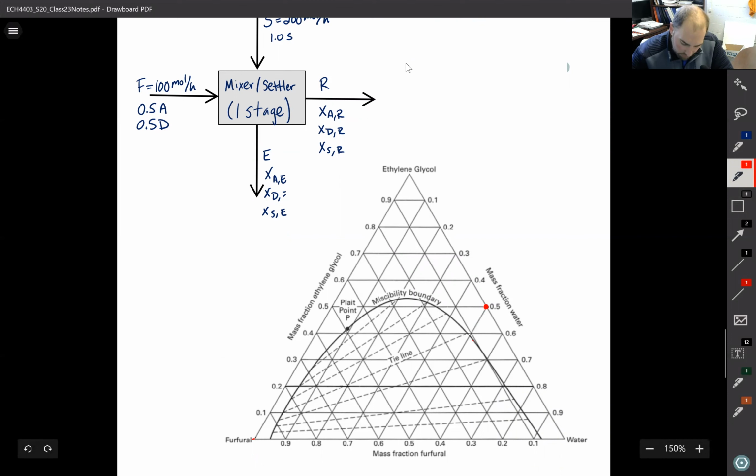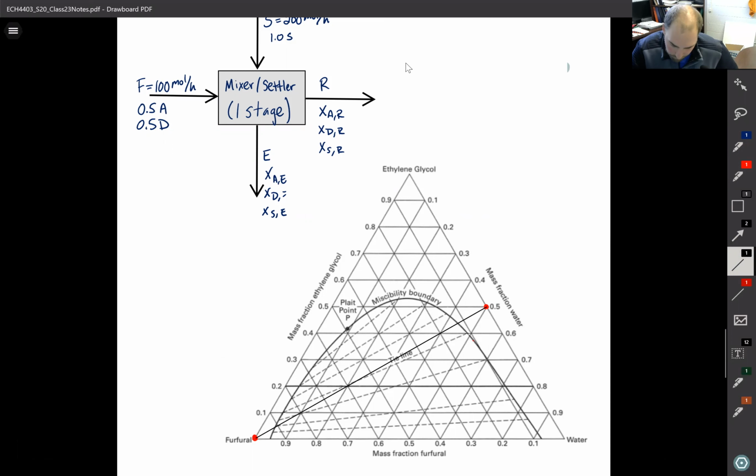And then 0% furfural is this horizontal line, which is all the way to the right side of the triangle. 100% furfural is this vertex. And if I connect them with a line, I will see the potential mixing points that I have. The mixing point has to lie along this black line that I just drew.